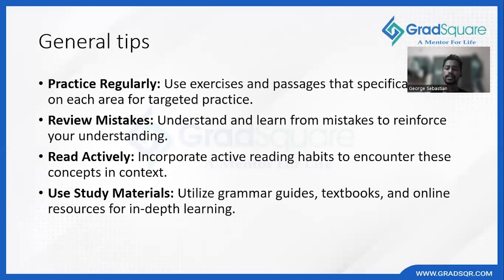Only if we practice and keep up with these different types of questions, then only we'll be able to clear the examination. And also from practicing, we need to review our mistakes and understand what our strong areas and also our weak areas are. And if we have a reading habit, this also helps in training.